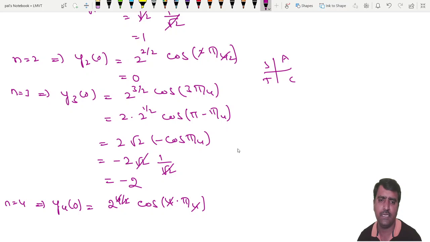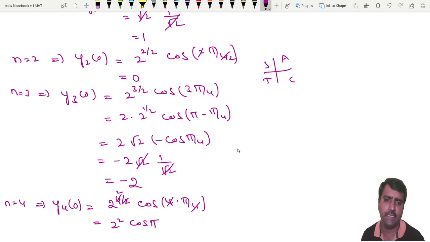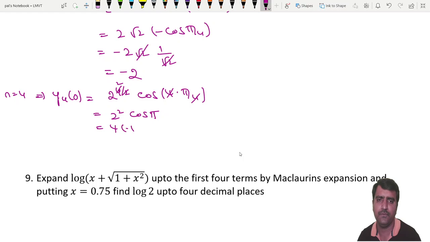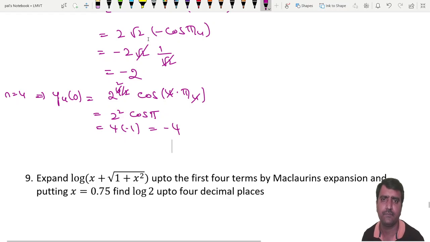Here 2 ones are 2, 2 twos are 4. Remaining is 2 square into cos pi. 2 square is 4. 4 into cos pi. Cos pi value is minus 1, which is equal to 4 into minus 1 is minus 4.